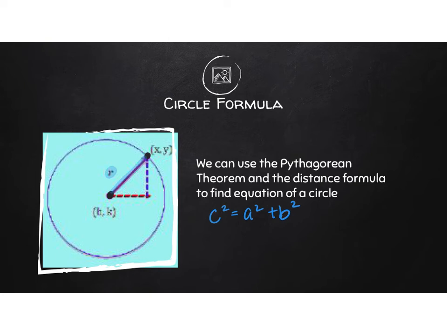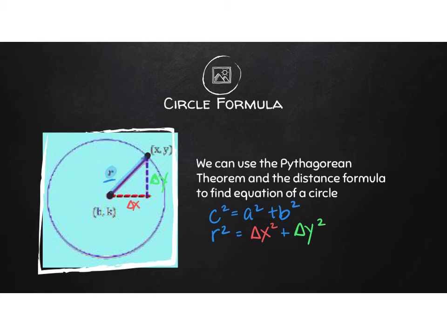And we talked about earlier today that we can call this distance change in x, and we can call this distance our change in y. So here we're going to call, instead of c squared, that's going to be r squared based on what we're given in this triangle, equals a squared, which is change in x squared, plus our b squared, which is our change in y squared.